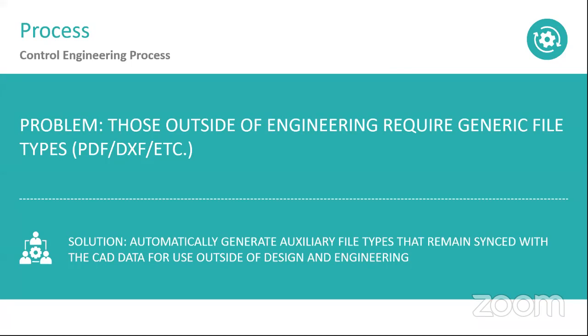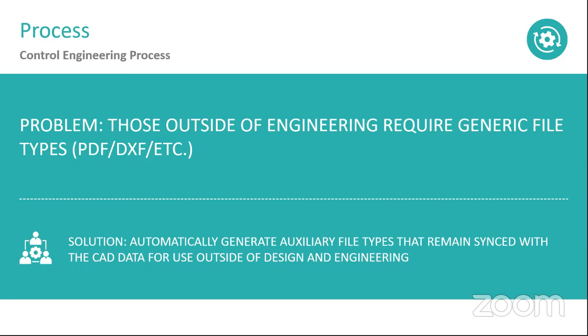And so a great solution to that is to automatically generate some of those auxiliary file types and have them remain synced with the actual drawings or the CAD models themselves. So if something changes on the drawing, something changes on the CAD model, those auxiliary files also get changed. That's something you can do with Vault to get those people who are outside of engineering and design the files that they need at any time.